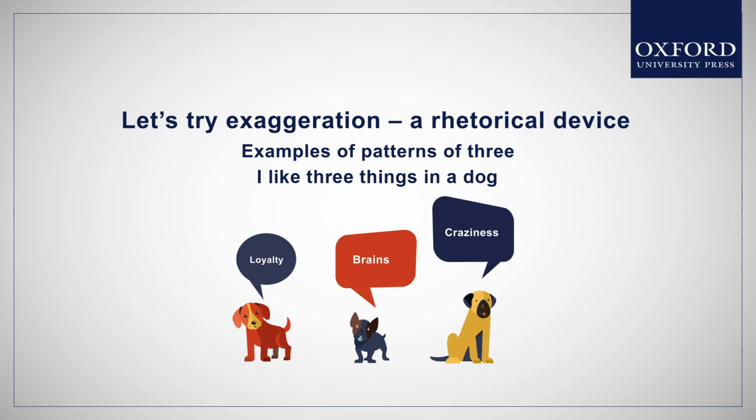And you can ask the students to work with a partner and produce sentences with patterns of three that also have a bit of exaggeration thrown in to try it out. So experimentation is a very important part of writing. The more you experiment with writing, the braver you get with writing. It's kind of like swimming or cycling. You've got to experiment to know your own capacity to learn.